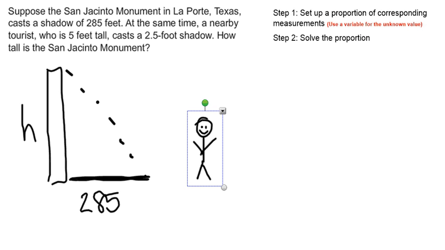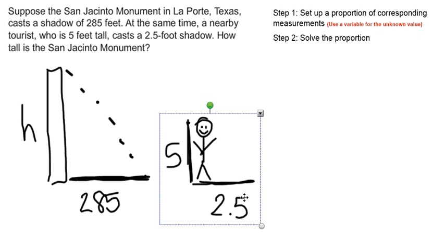How tall is he? He is 5 feet tall. So we're going to draw him 5 feet tall. And his shadow is 2.5 feet.